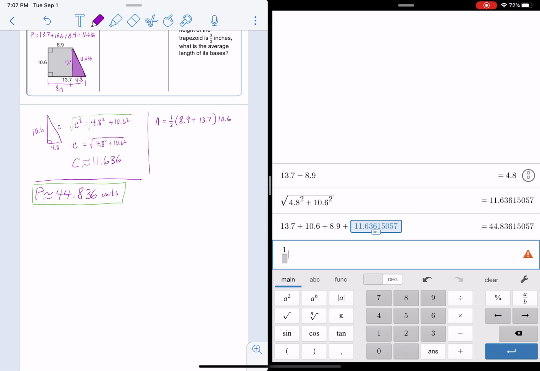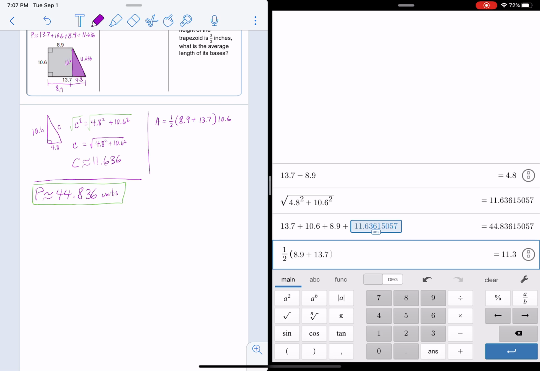You know, it's up to you. That would not be acceptable, though. Okay, that's better. And then we can multiply that. I do have some parentheses here, which is nice. And 8.9 plus, whoops, that didn't give me the 0.9. There we go. Plus 13.7.